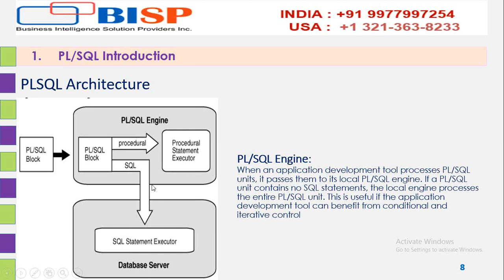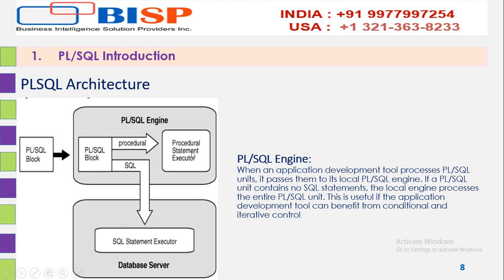Once it is performed, take for example getting savings account details. It goes back to the database, fetches the savings account data, and returns to the PLSQL engine. Whatever statements are written here, like if else conditions, looping, and interest calculation, will be applied on the data fetched by the SQL part.